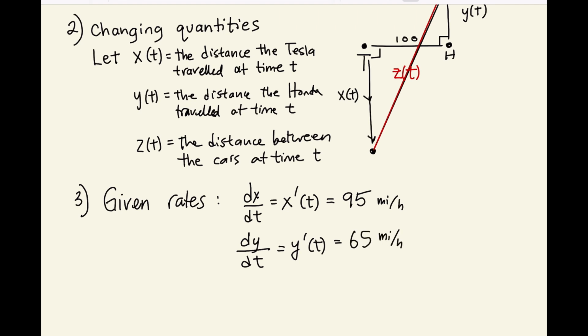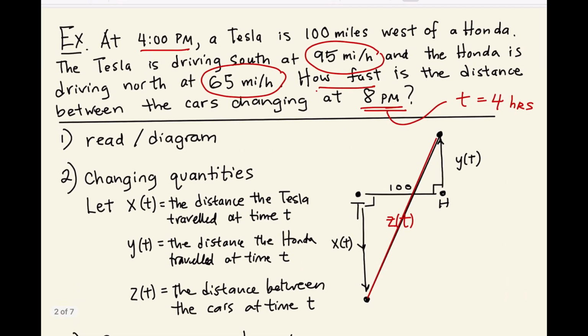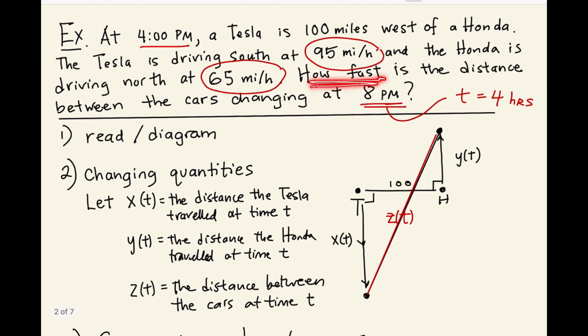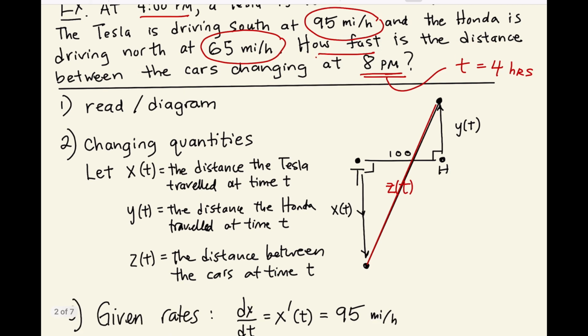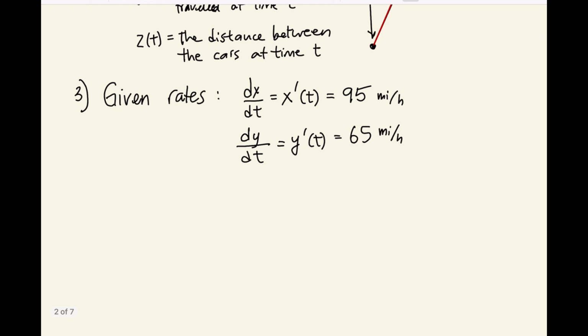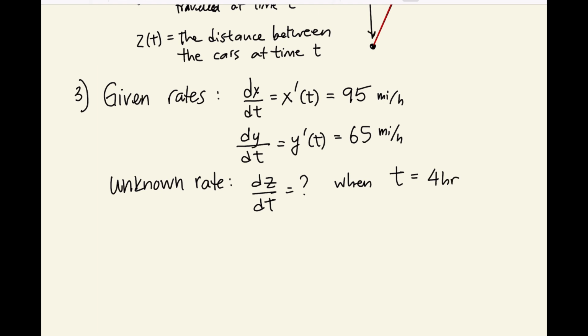I don't believe we are given any other rates, but we are asked how fast the distance between the cars is changing at 8 p.m. So we are asked to find the unknown derivative, the unknown rate, which is dz/dt, when 4 hours have passed, so at 8 p.m.